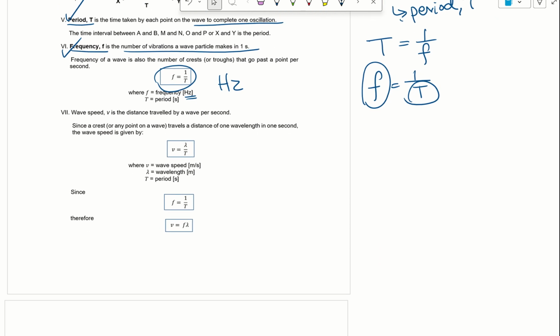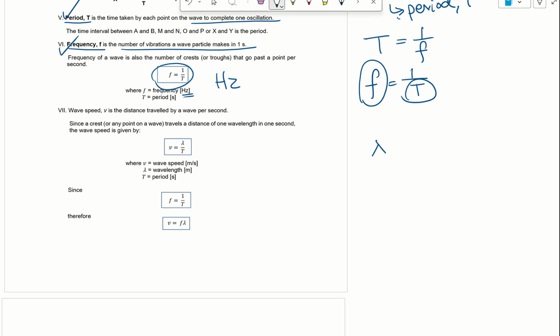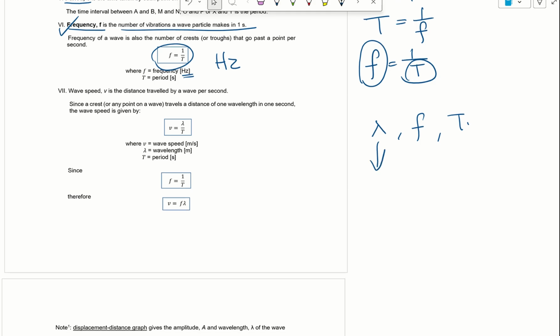But what can we do with frequency? What can we do with wavelength? What can we do with period? Now let me write down the units. Wavelength, the SI unit is meter. Frequency, the SI unit is hertz. Period, the unit is s, seconds, SI unit.